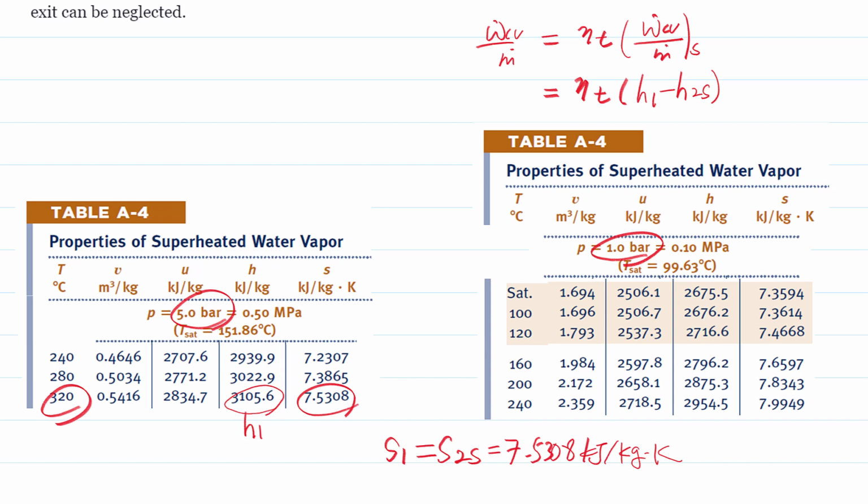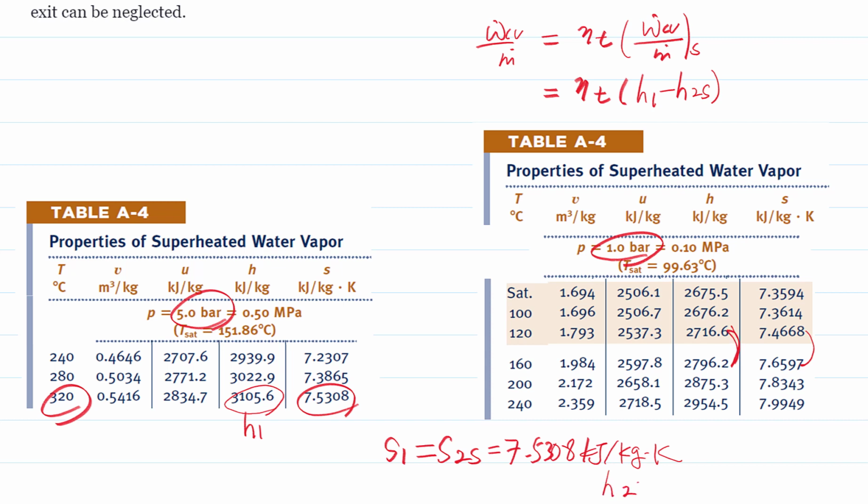So we know two properties at the exit, pressure and entropy: pressure 1 bar and entropy 7.5308. It falls between these two entropy values, so we can interpolate to determine enthalpy.